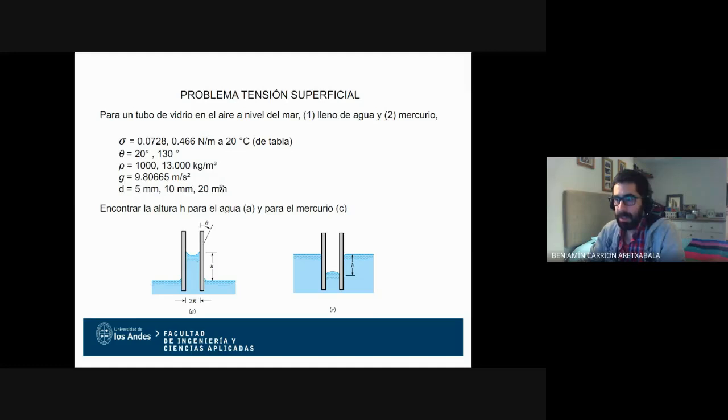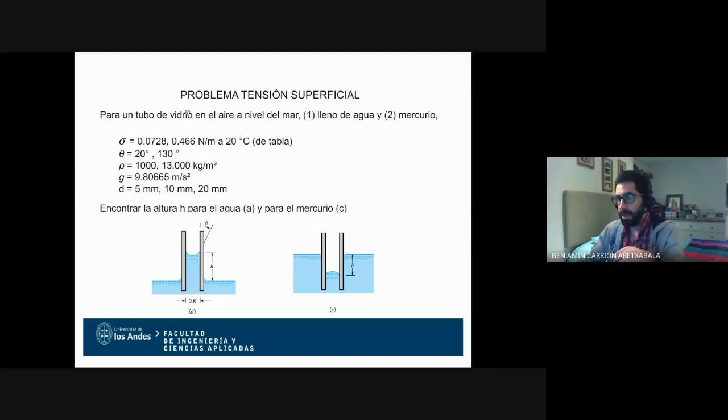All right. It's a very simple equation, the same that we just wrote down, where basically the weight is being balanced by the surface tension around the circle of this tube, right? Projected by the right angle, right?